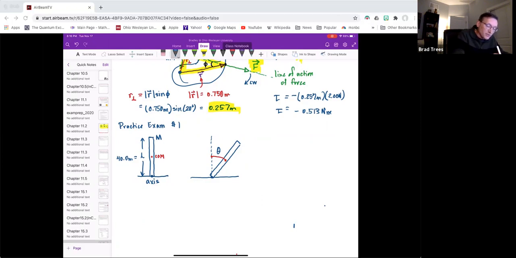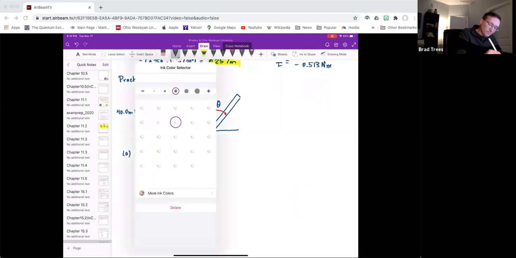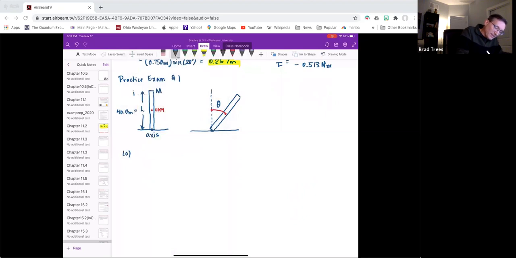So here come the questions about the falling chimney. First question, part A. What is the symbolic expression for UG1, the gravitational potential energy of the system at instant 1? That's instant 1.